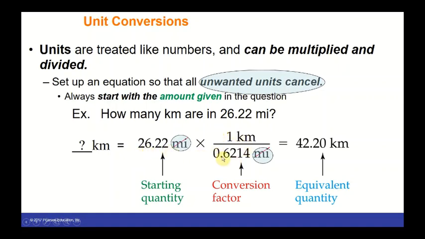You set up your conversion factor so that kilometers is on top and miles is on the bottom, so we can cancel them out in the calculation, and we're left with kilometers as our units in the answer. And we notice here that we have 4 significant figures in our starting amount, and we have 4 significant figures in our final quantity.